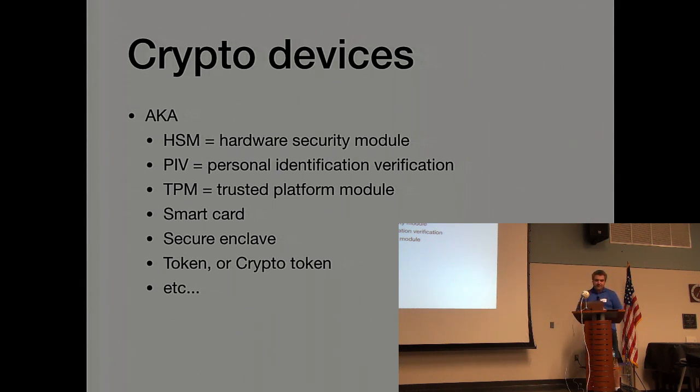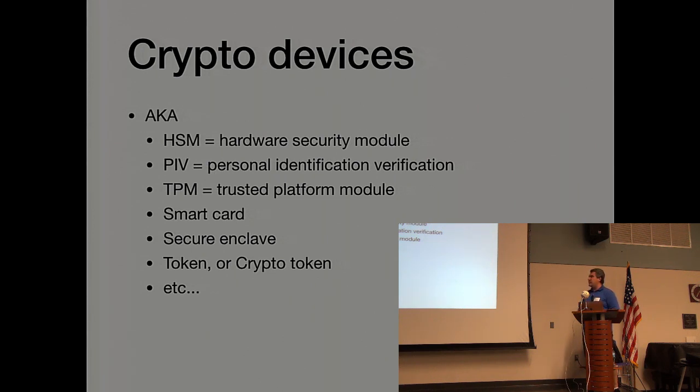Another unfortunate thing about these devices is that there's no standard name for them, so each manufacturer uses a different name. You can hear about them as HSMs, which is very common for the larger stuff, meaning hardware security modules. PAV, that's pretty common. TPM, usually when those devices are part of your computer, like soldered onto the main board.